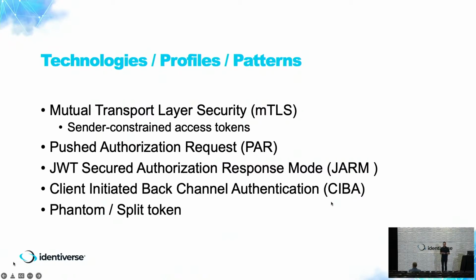We're going to have a lot of abbreviations here, so we're going to look at PAR, Pushed Authorization Request, JARM, JWT Secured Authorization Response Mode, CIBA, that was, I think, just talked about a little bit in the previous talk as well, and then at the end, two patterns for tokens, something that we at Curity call the phantom token and the split token pattern.